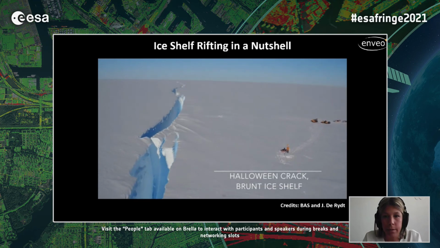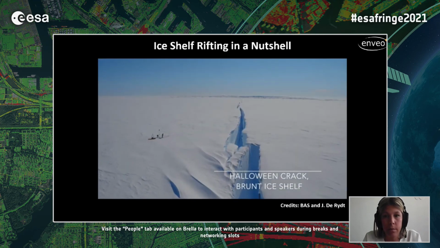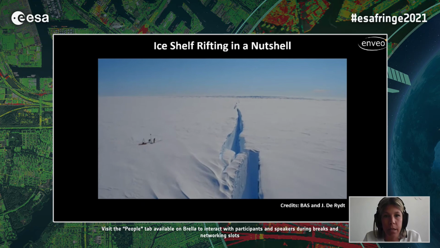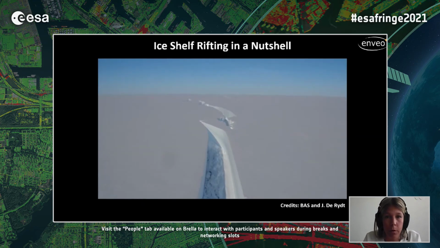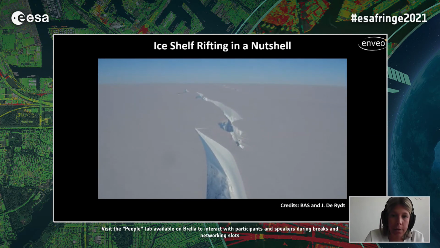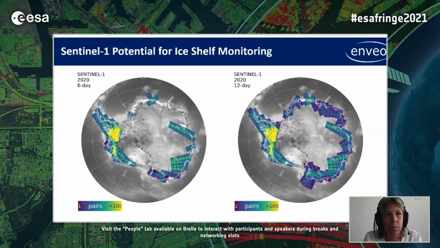Unfortunately, so far, the mechanisms leading to ice shelf breakup are still very poorly understood, mostly because of the lack of observational data. There is quite some room for improvement, because nowadays we have really incredible datasets with Sentinel-1, which is currently monitoring the Antarctic margins almost completely.